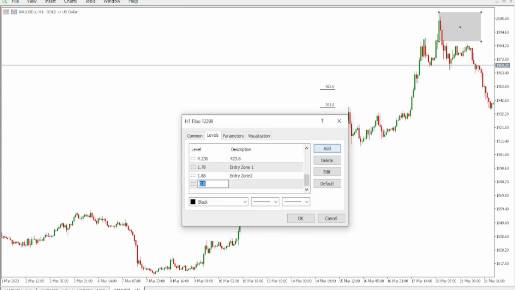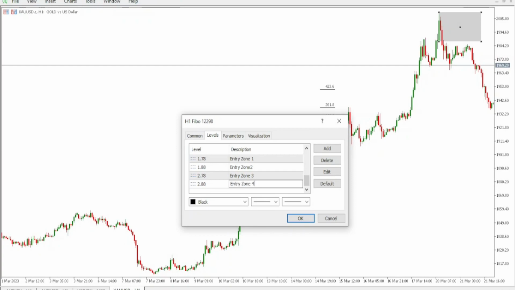Another level, and this time we input 2.78, and that will be our entry zone 3. Finally, we add a last level 2.88, and that is our entry zone 4.